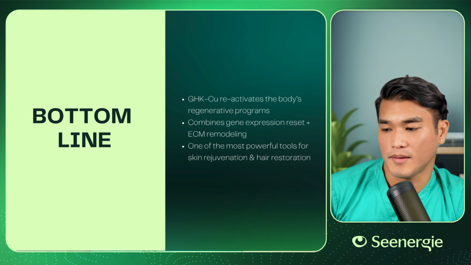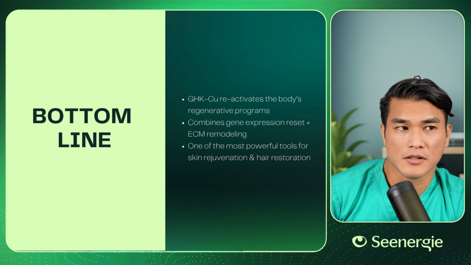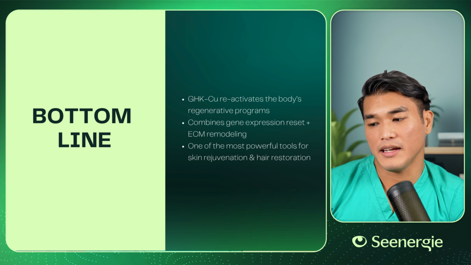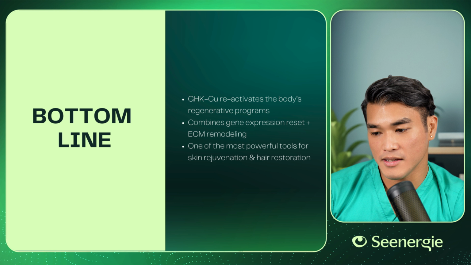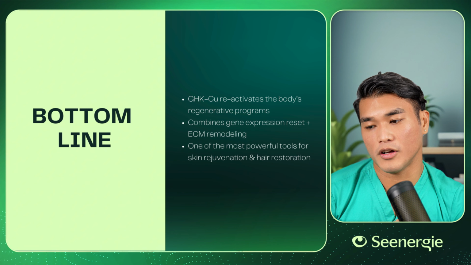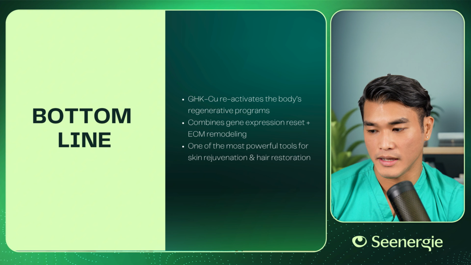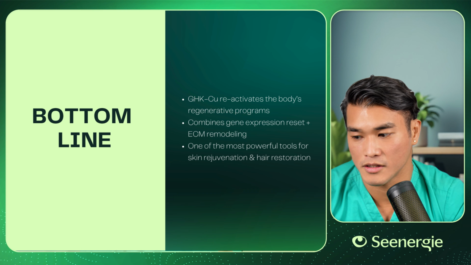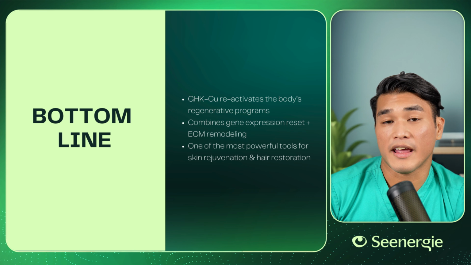Bottom line, the biochemistry of GHK-Cu isn't really just about the collagen. It's about reactivating your body's innate regenerative capacities, and this dual action both on your genes and on your extracellular matrix remodeling is one of the most powerful tools we have in skin rejuvenation today and also in hair restoration today.